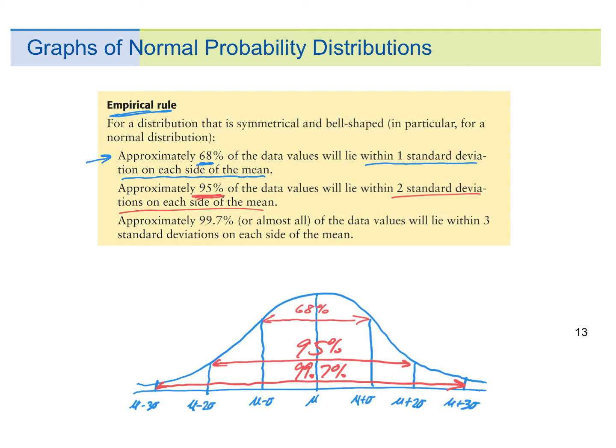All right. Now they use 99.7 almost all, but it's not 100%. Okay. So those are your empirical rule percentages that you need to memorize.